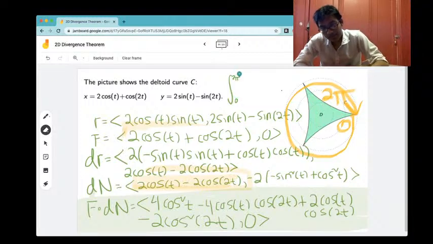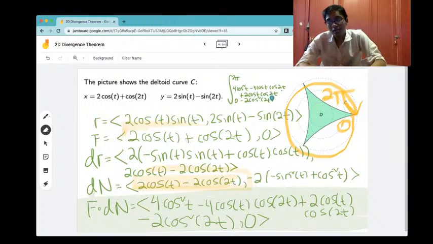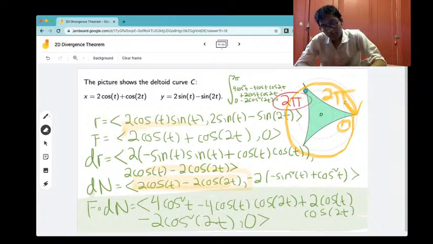Of that mess of 4 cosine squared t minus 4 cosine t cosine 2t plus 2 cosine t cosine 2t minus 2 cosine squared 2t, and finally we're gonna find the integral of that, and it's gonna come out to be something nice, something familiar, something that you should already know, and that's 2 pi.